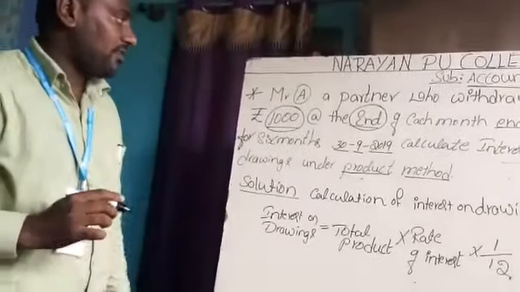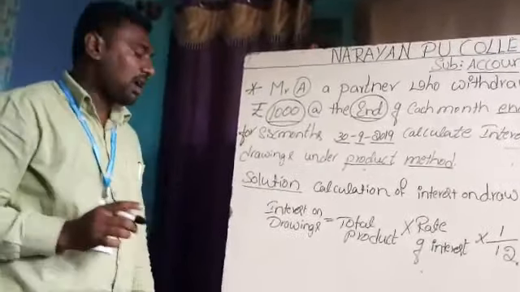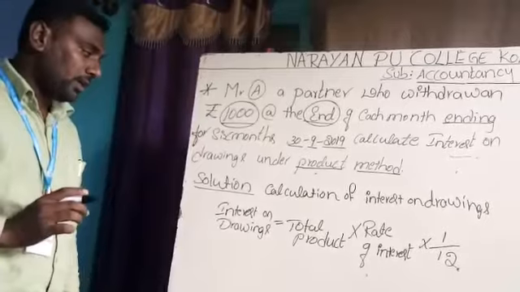So this is the formula. With the help of this formula, we have to calculate interest on drawings.